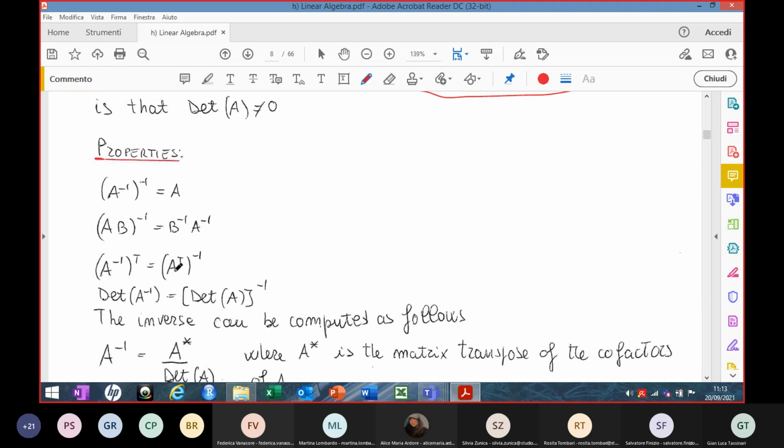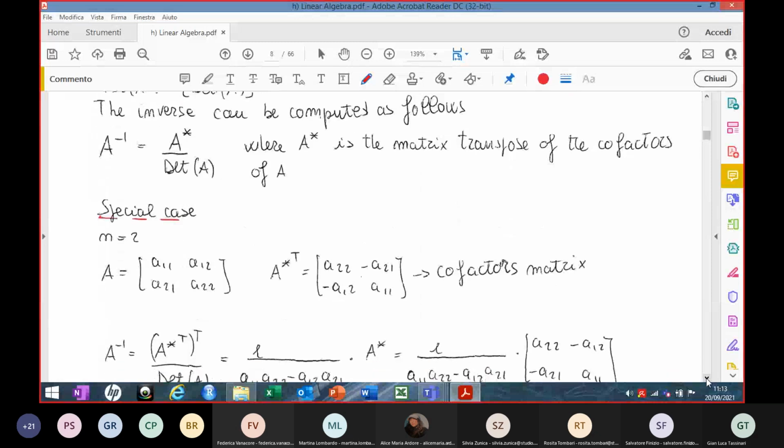And the last important thing I want to tell you is that the determinant of the inverse is equal to the determinant of A raised to the minus 1, which is the reciprocal of the determinant of A.